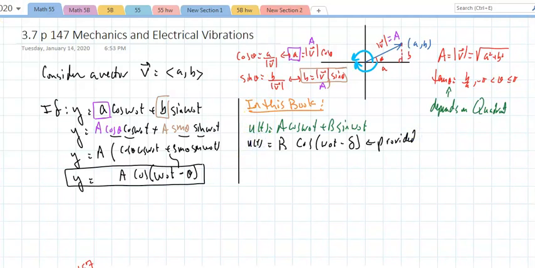So, we should know that r is actually the square root of a squared plus b squared. I just derived that for you up there. This is the amplitude. T, they call, not P, T is, they call it the period.